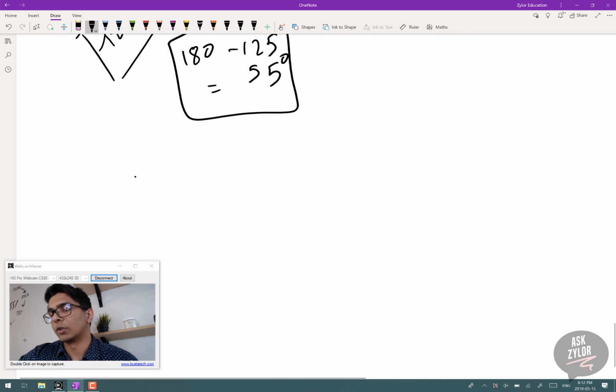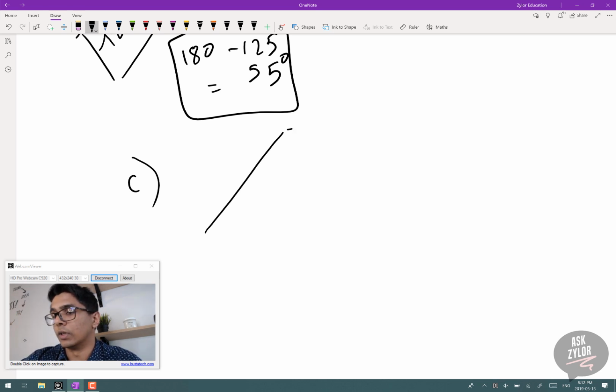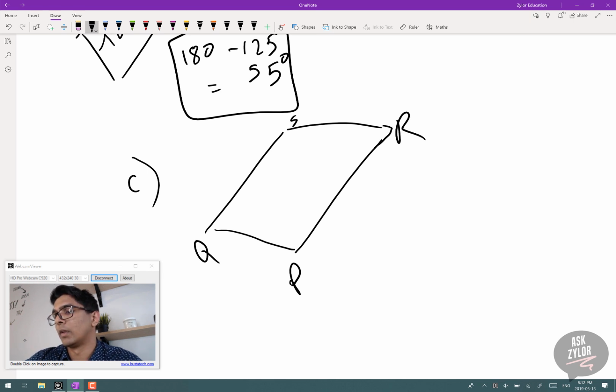So the final part of this question is asking me to find the measure of the angle between the diagonals of the parallelogram to the nearest degree. So again, I'll redraw the parallelogram. We have P, Q, S, and R. The diagonals are this line and this line.